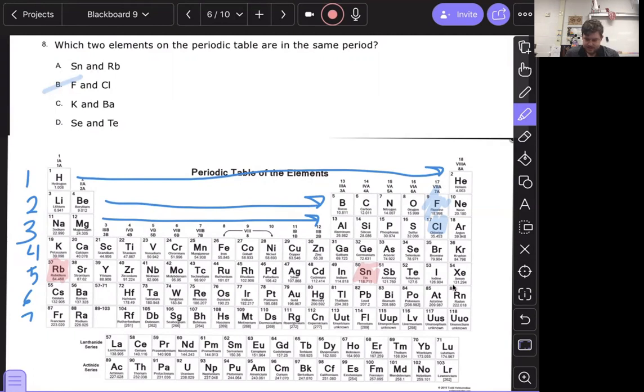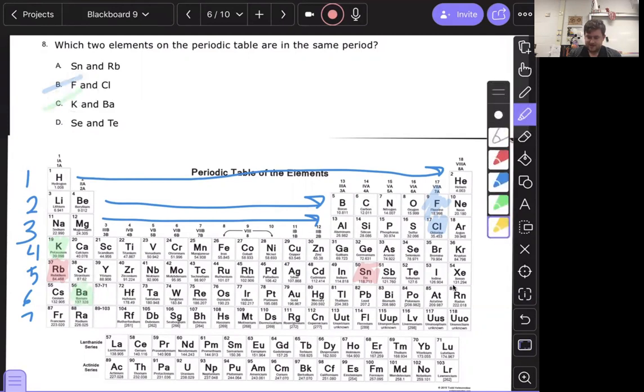Potassium and, don't know what Ba is. So we're going to find these in green. So here's potassium, Ba, right here, barium. Those are not in the same group nor the same period.